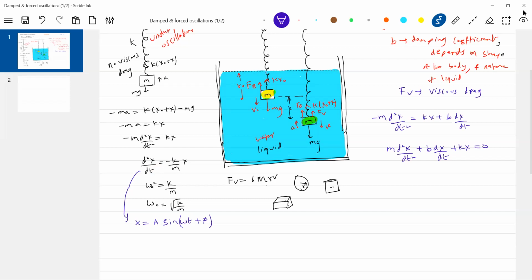The general solution for this equation, if you have studied calculus, you integrate and solve it, will be this much. What is x? x will vary harmonically. This is undamped oscillation. Now for damped oscillation, with this additional parameter, when I solve this, the general solution will be x equal to A of t cos omega t plus phi.